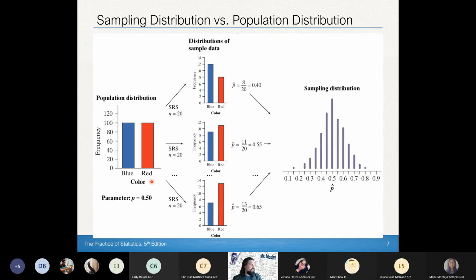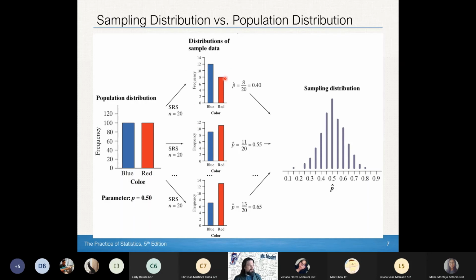Right, so you have a 50% chance of selecting red. So red is what we're keeping track of. So the variable is the color, and we're simply taking a simple random sample of 20 chips from this bag of 200 chips, it seems, and recording the color, blue and red, and the amount of each color that happens.